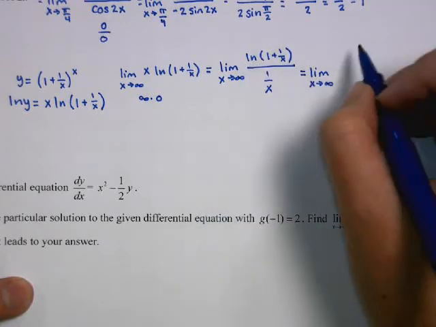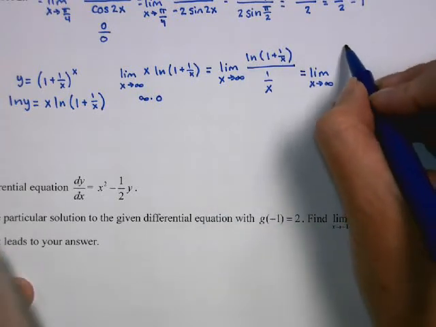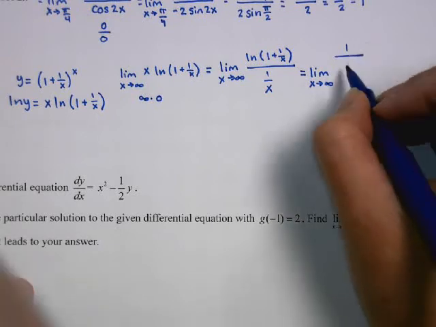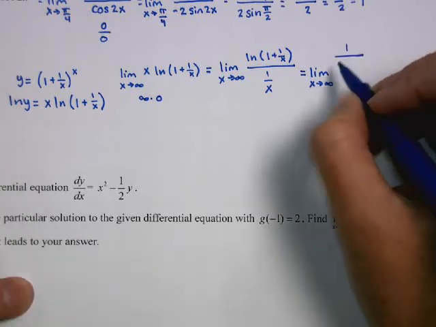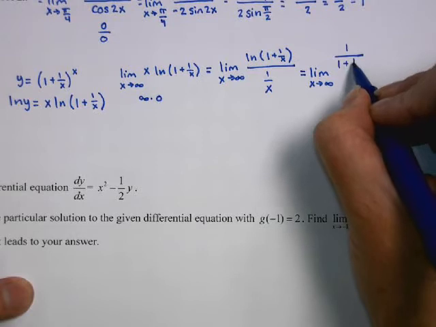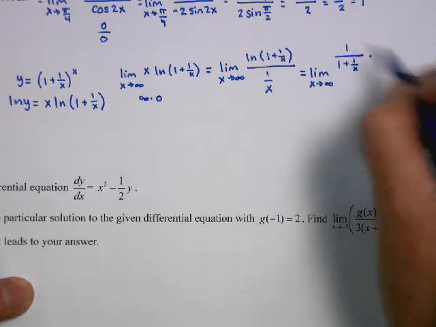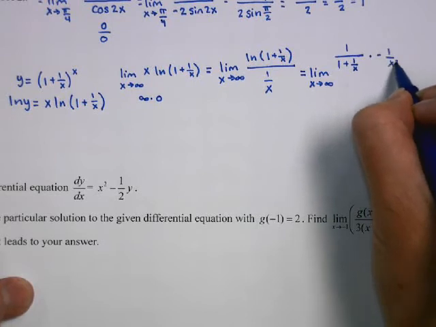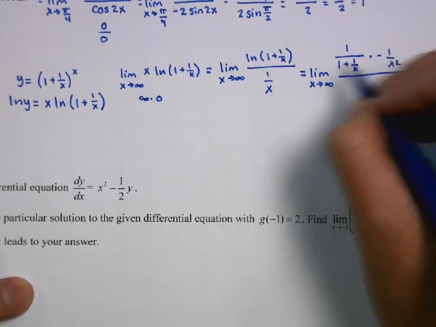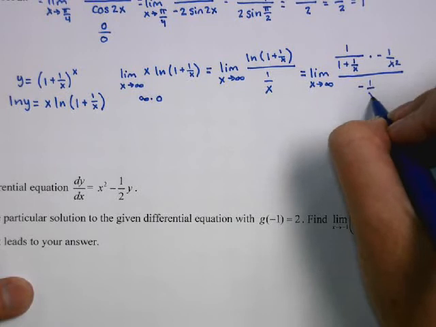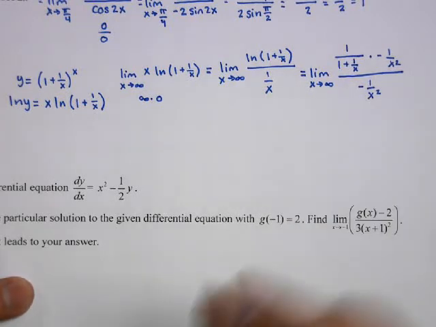The derivative of natural log is 1 over the inside, so this is going to be 1 over 1 plus 1 over x, times the derivative of the inside, which is negative 1 over x squared, all over the derivative of 1 over x, which is negative 1 over x squared.